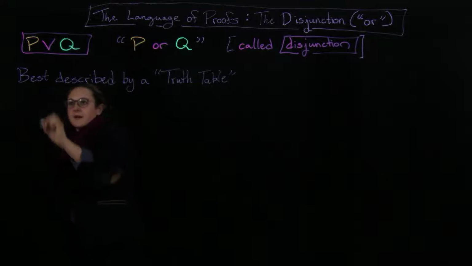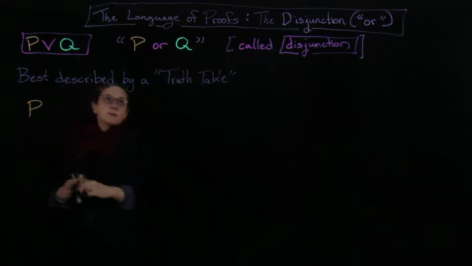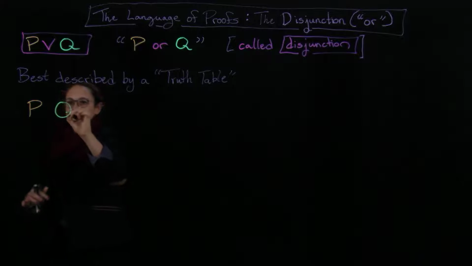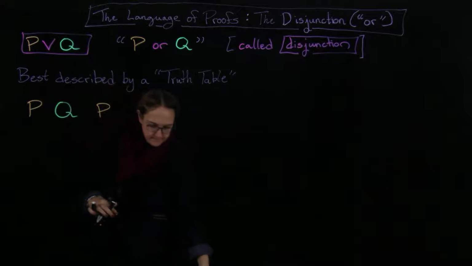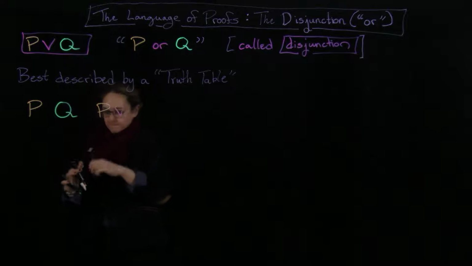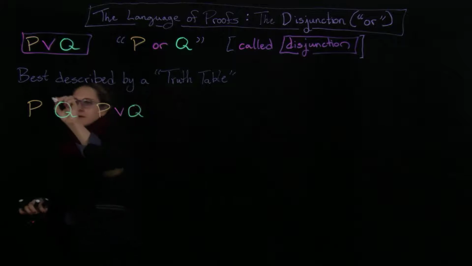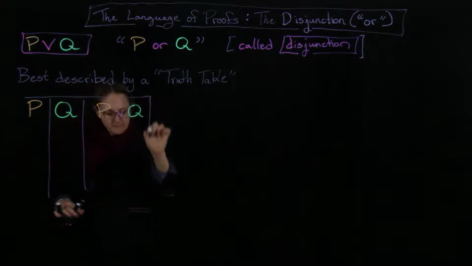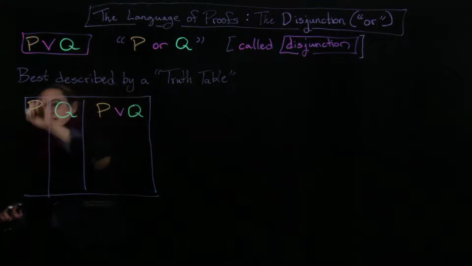We have P, then we have Q, and then we have P or Q. Let's make our table.